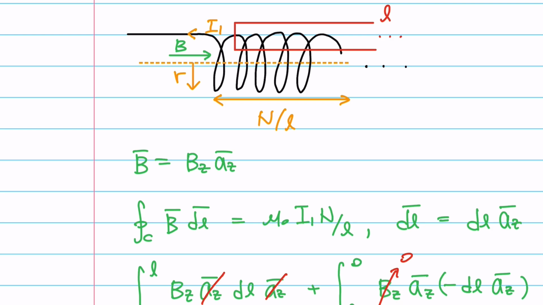I'm going to choose the length of the loop to be L, but the height of the loop will be so tiny that we don't have to think about it. In that case, the amount of current enclosed in that red box above is I1.